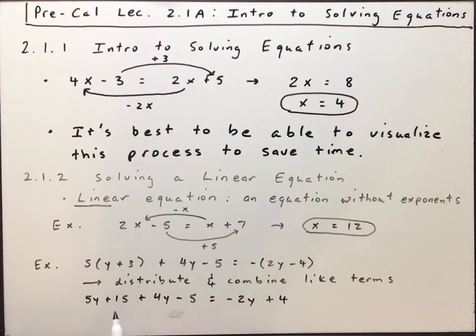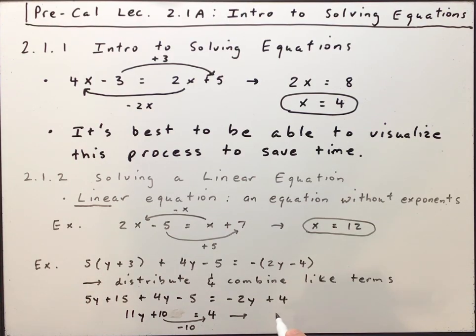I don't really care either way, but I would have 5y plus 4y is 9y, and then I'm going to add 2y to both sides, so that's going to be 11y on the left, and then I've got a 15 minus 5, so plus 10. All right, I've already gotten rid of that by adding it to the left, and then I would have a 4 on the right, and then I'm going to subtract 10.